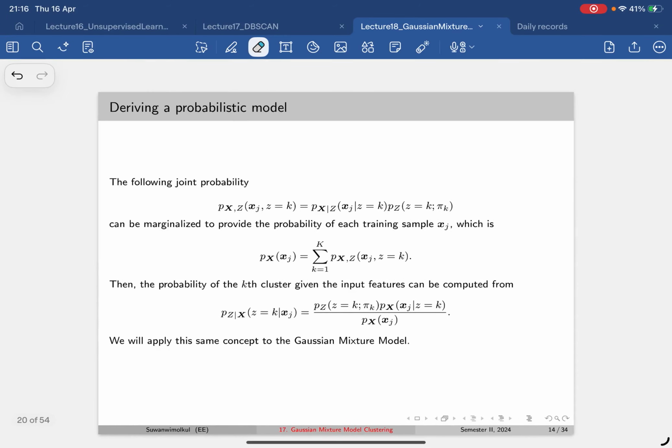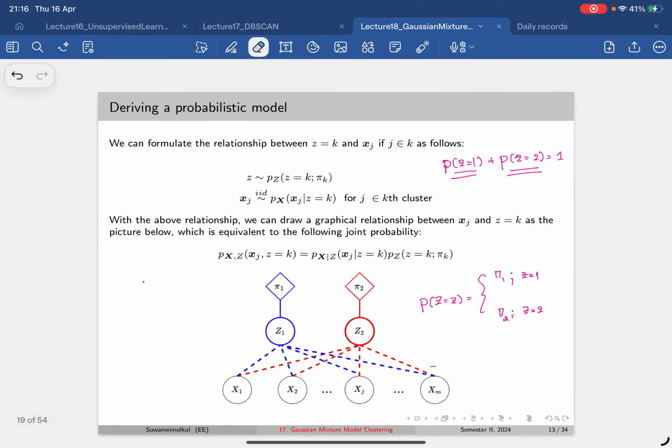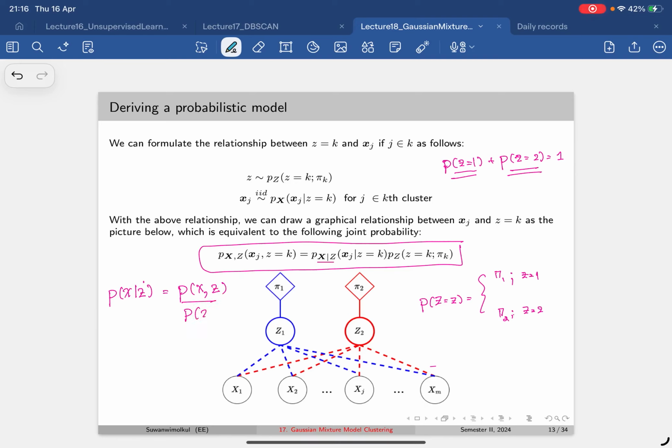Right. And now we come to the point where, what if we want to get the joint probability between x and z? That's what we already have, right? And if we want to get probability of x given z, you just move this one right behind this one, right?